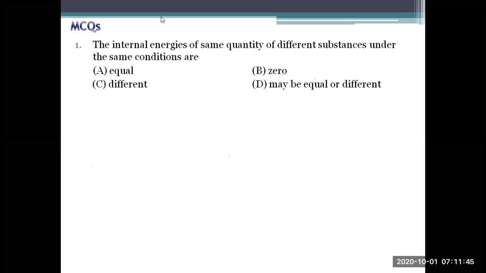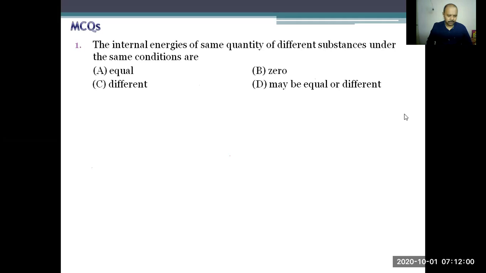See, internal energy is the energy possessed by the system due to the nature of the substance, depending on the bonding pattern and so many things. It is the summation of the different forms of kinetic energy and potential energies put together.